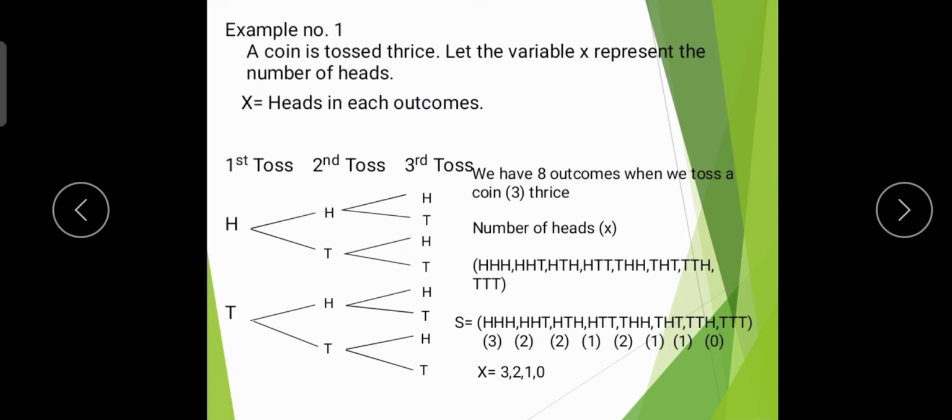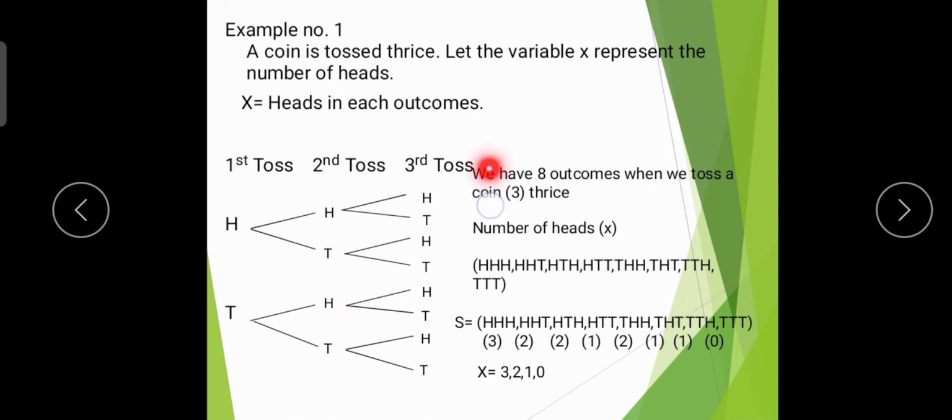Magtotoss tayo ng coin 3 beses. Sa first toss, pwedeng ang lumabas na possible outcome is head or tail. Sa second toss, pwedeng lumabas ay head or tail ulit. Ganon din dito sa tail, head and tail ulit.